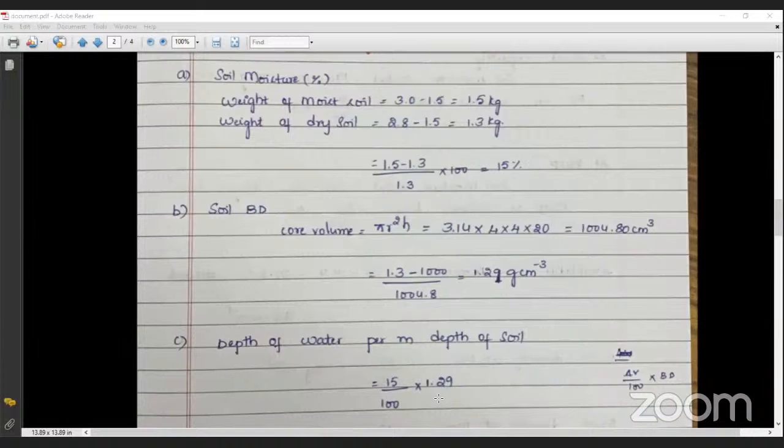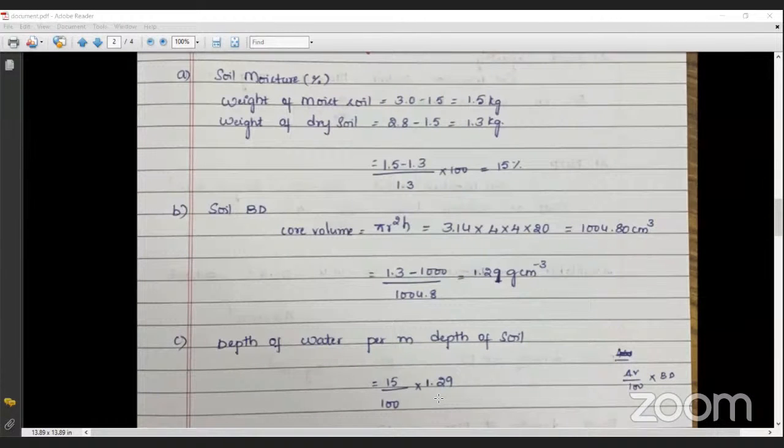So, 0.19. Yes, the unit? The unit is, I guess, centimeters? When you multiply that with 100, you will get centimeter. 0.19 meter, it's in meter only, right?